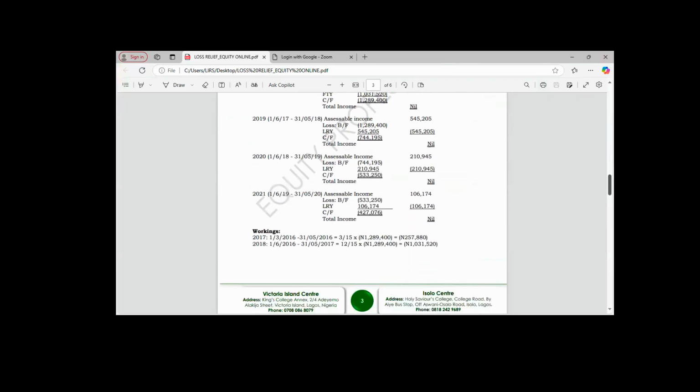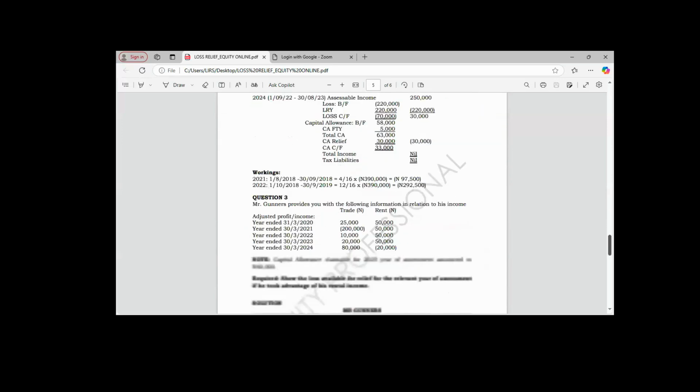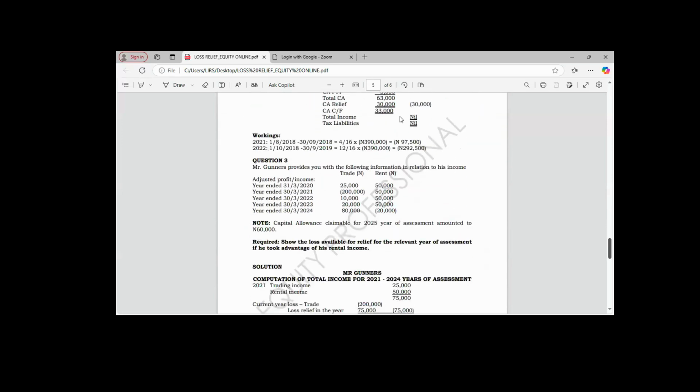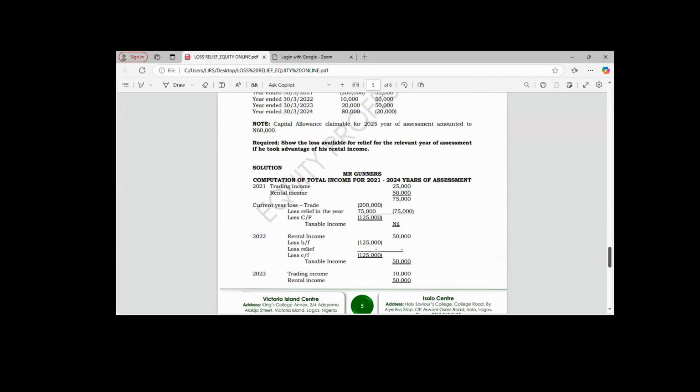So we are going to deal with question number 3 today. Question number 3 on page 5. So let me look for an Excel sheet that we are going to use. Question number 3, page 5.